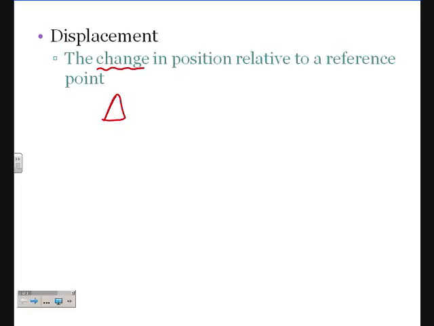In order to know the change in something, we have to know 2 things. We have to know where that object starts and where that object finishes, if we're talking specifically about the change in position. So where does it start relative to the reference point? Where does it end relative to the reference point? And whenever we talk about delta something, regardless of what that delta is, the change in something, we generally calculate it as final minus initial, right?